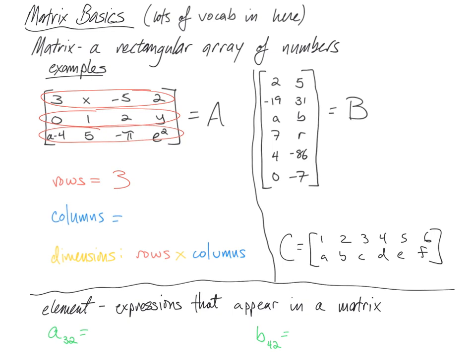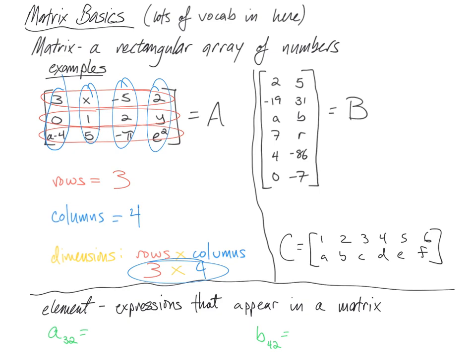So rows are horizontal, columns are vertical, top to bottom. So here's column 1, column 2, column 3, 4 columns. And how you represent dimensions would be rows by columns. So we would say this matrix has dimensions 3 by 4.